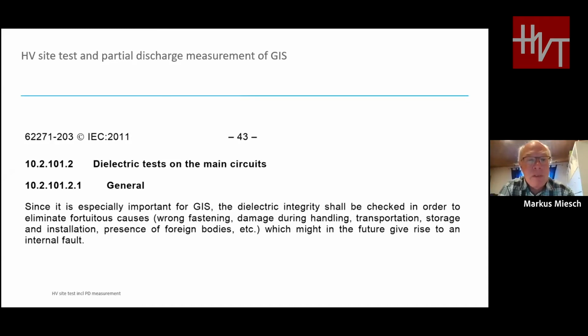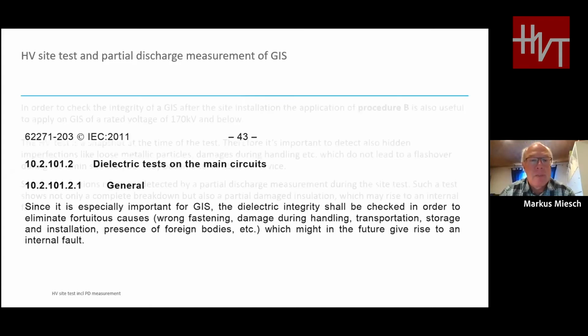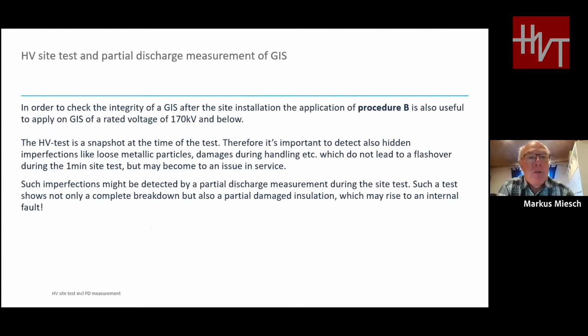That's the reason to perform a high voltage test, a dielectric test. In order to check the integrity of a GIS after the site installation, the application of the procedure applied to the GIS of a rated voltage of 170 kilovolt and below is procedure A.